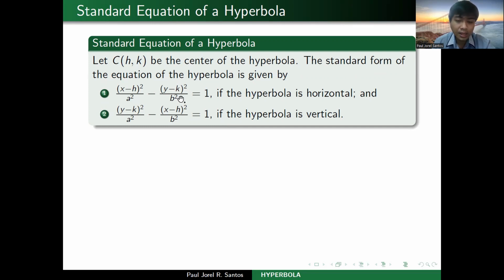Now, I would like you to take note of the difference between the equation of the hyperbola that is horizontal and the equation of the hyperbola that is vertical.